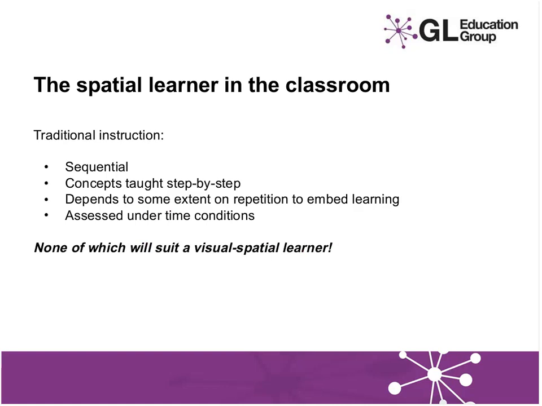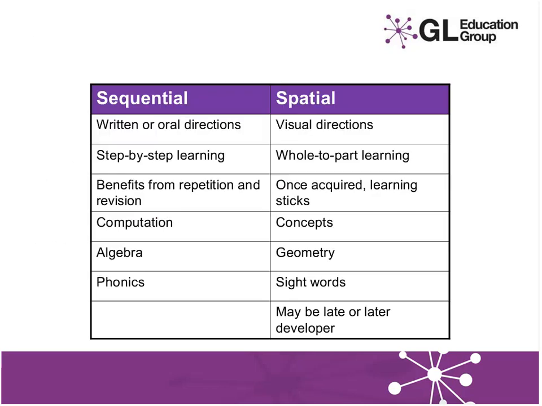So by understanding the nature of a pupil's learning bias, and whether they have a high bias towards the spatial learning side of the spectrum, you can adapt your teaching accordingly. You'll see on the left here the sequential approach that I've just talked about.